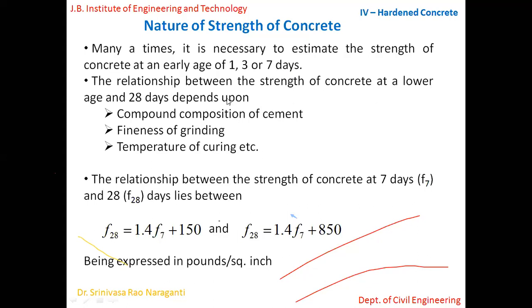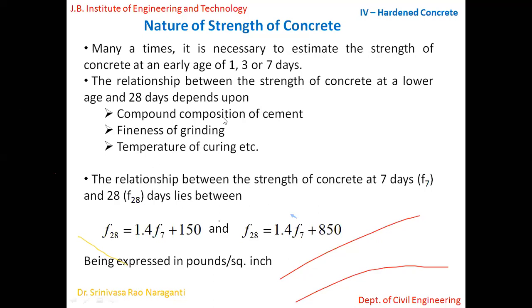At lower age and at 28 days, the strength basically depends upon three factors. One is the compound composition of cement. The moment I say compound composition, I'm talking about oxide compounds. In the cement we have silica, iron oxide, alumina.